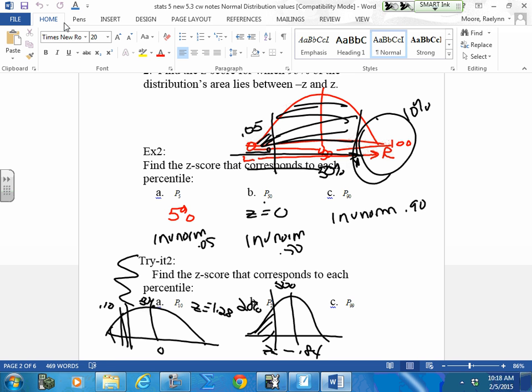Do you see it moving closer to the 50%? If I'm looking for 99, that's going to be a really, really high one up here, because 99% of my curve has to be to the left. So I do an inverse norm, and I get a positive 2.33. Can everybody do this?